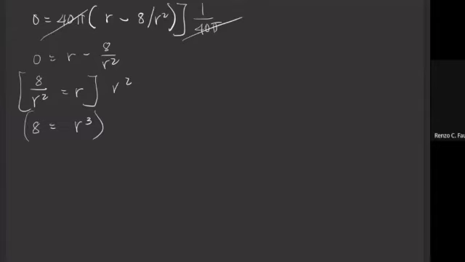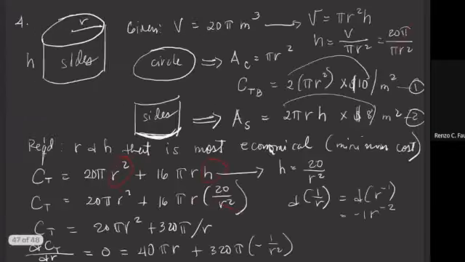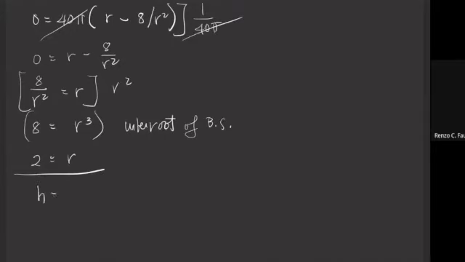We get the cube root of both sides. So cube root of 8 is 2. Therefore, we have a value of r equals 2. Okay? And with that, using this equation, h equals 20 over r squared, isn't it?